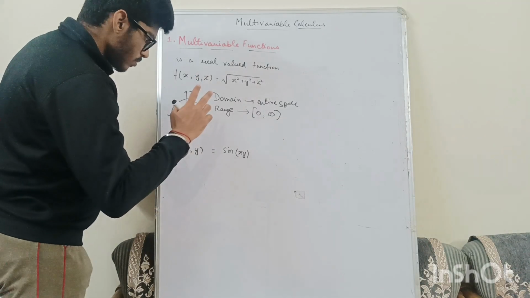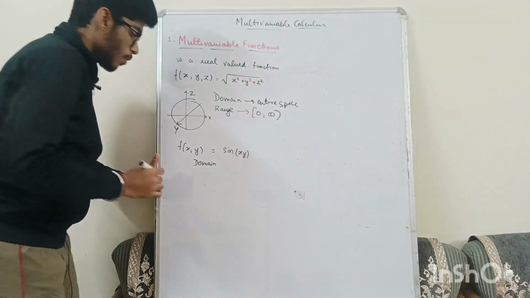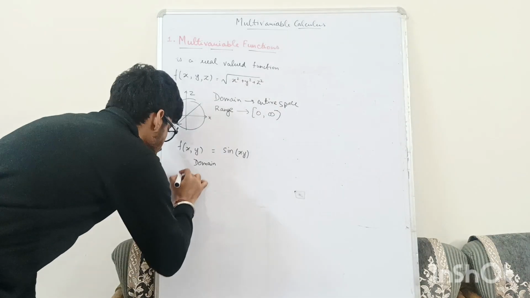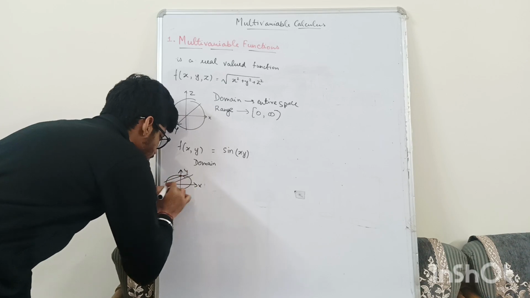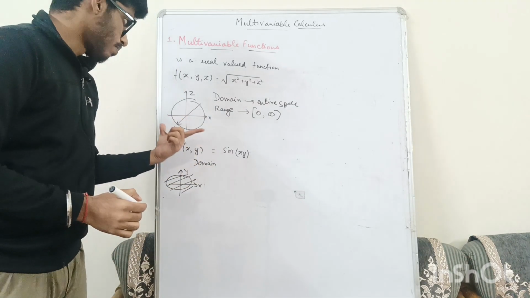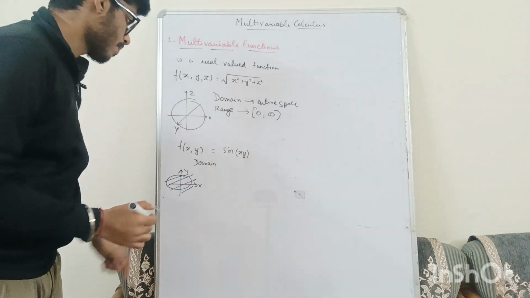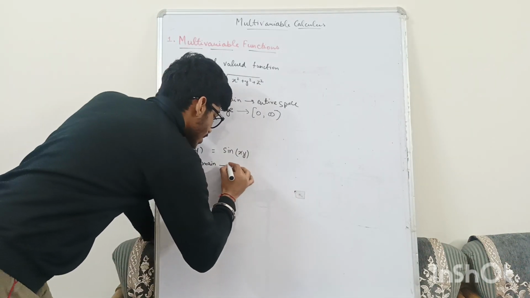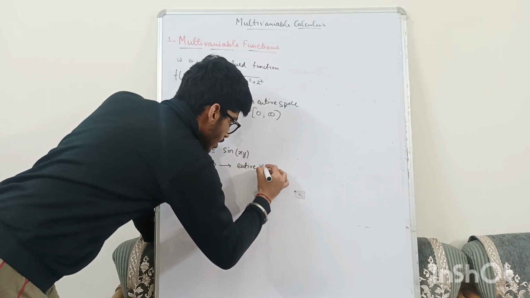So its domain: for every value of x and y in the two-dimensional plane, for every value in the xy plane, my multivariable function f of x comma y equals sine of x times y is defined, right? So my domain is the entire xy plane.